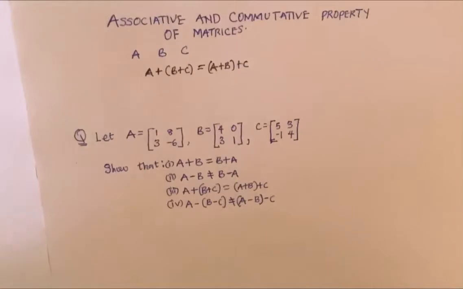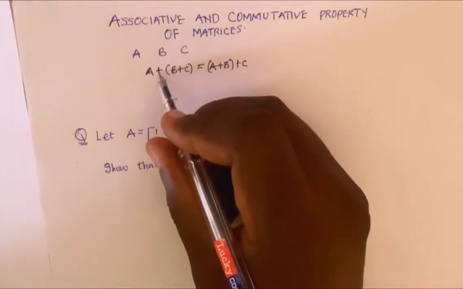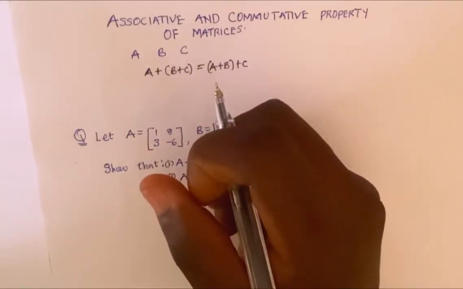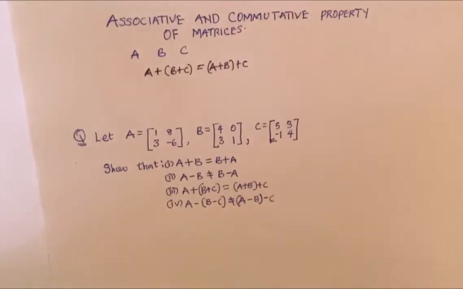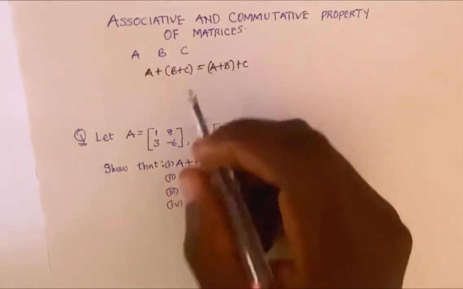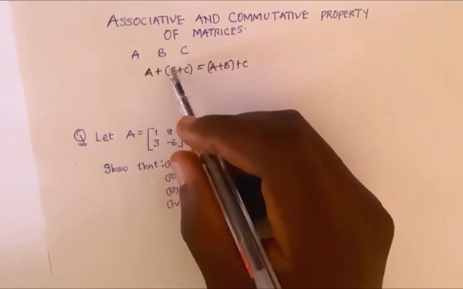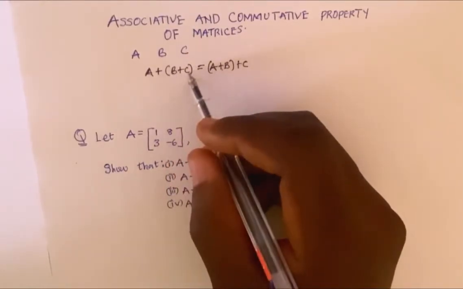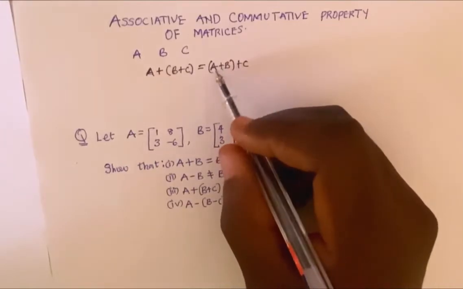One thing that you should note is that the plus sign I'm using here is actually a notation, a sign that shows the relationship between A, B, and C. But the difference between this and this is that, looking at B and C here, both are enclosed in a bracket, while looking at A and B here, both are enclosed in a bracket.